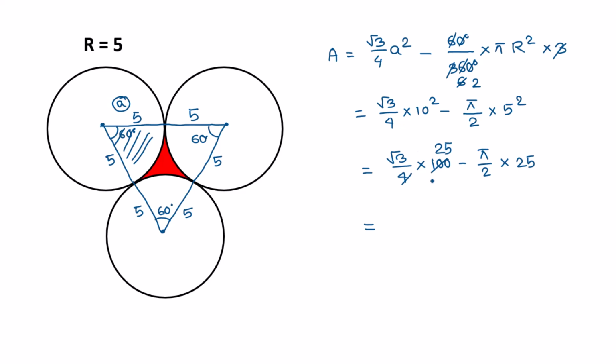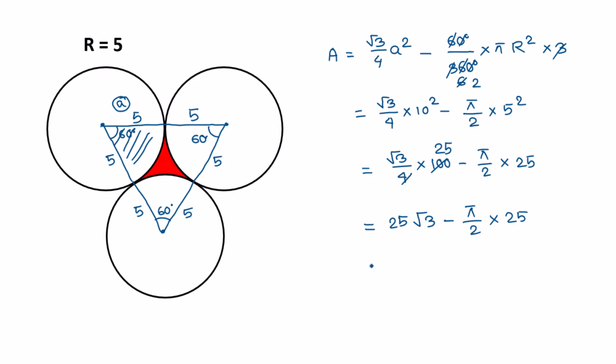So here we will get this 25 times this square root of 3 minus this pi over 2 times this 25.